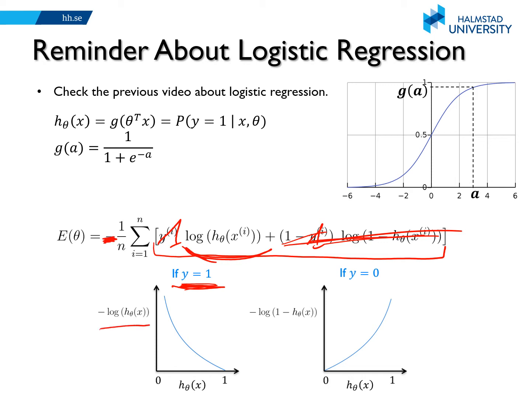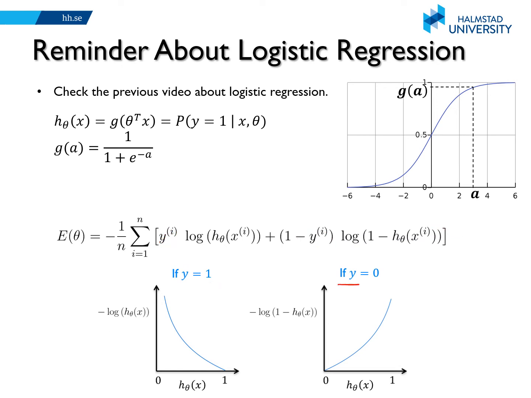And in this case, if our predicted output is close to 1, then this cost will be close to 0 because we predicted something close to 1 and the true output is actually 1. And when you predict something closer to 0, then this cost is very high. So the closer you are to 0, the higher this cost. And that's what we want because we predicted something completely different from the true output.